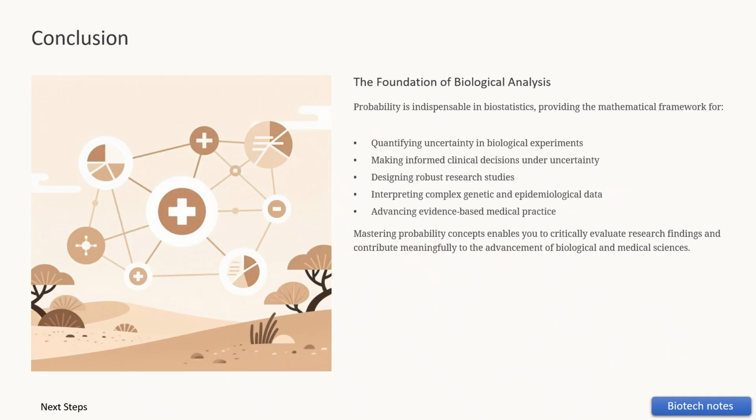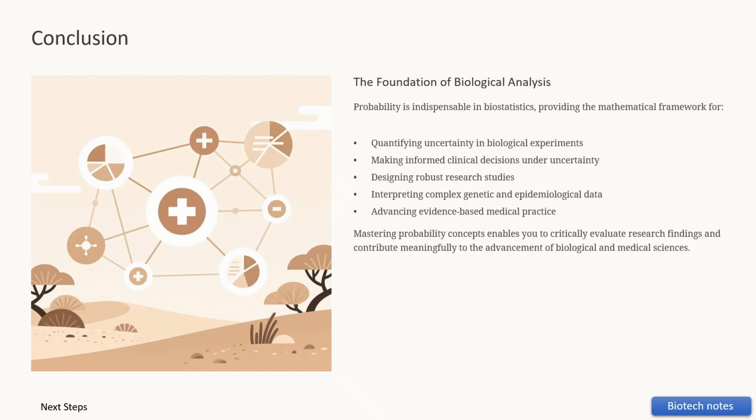Next, the foundation of biological analysis. Probability is indispensable, meaning very important, in biostatistics, providing the mathematical framework for quantifying uncertainty in biological experiments, making informed clinical decisions under uncertainty, designing robust research studies, interpreting complex genetic and epidemiological data, and advancing evidence-based medical practice.